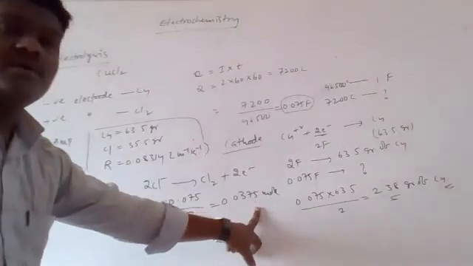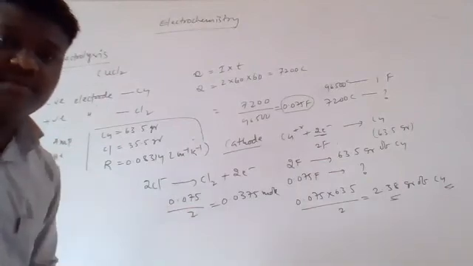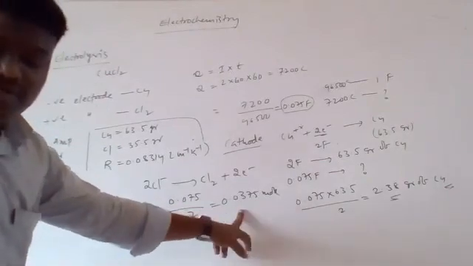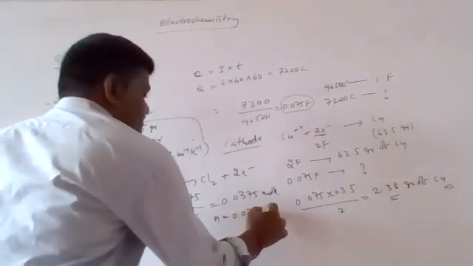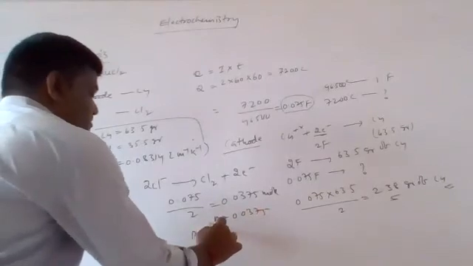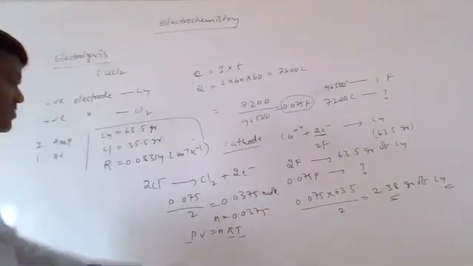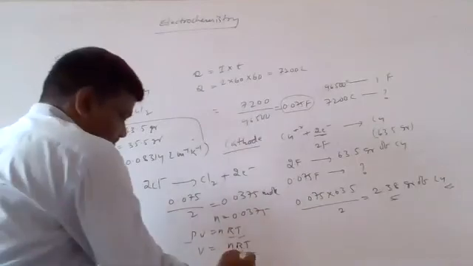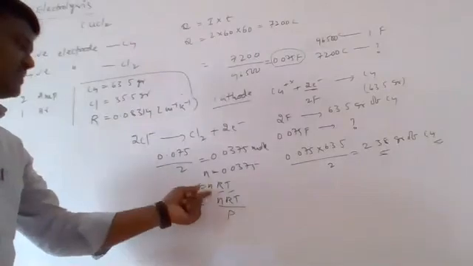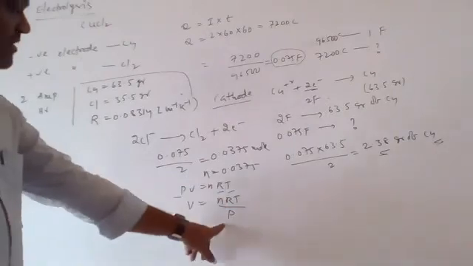So the mole form is known, but we want to find the quantity of the gas, which we can measure in liters. To measure in liters, we have n equal to 0.0375, and PV equals nRT. So V equals nRT upon P. The values of n, R and T are given, T is 800 Kelvin, and the pressure is 1 bar.